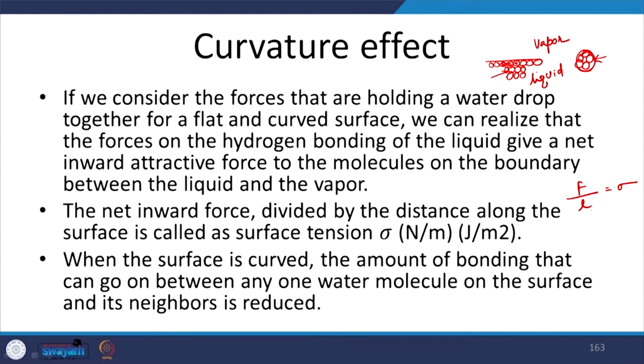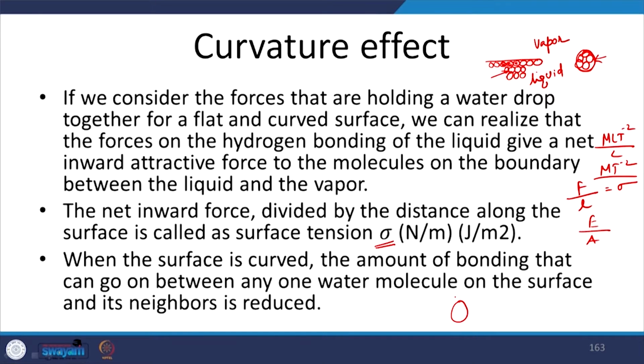Surface tension can also be defined as energy per unit area. So the net inward force divided by the distance along the surface is called the surface tension, sigma. When the surface is curved, what happens?